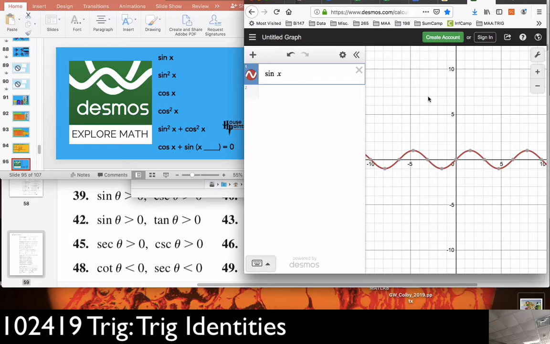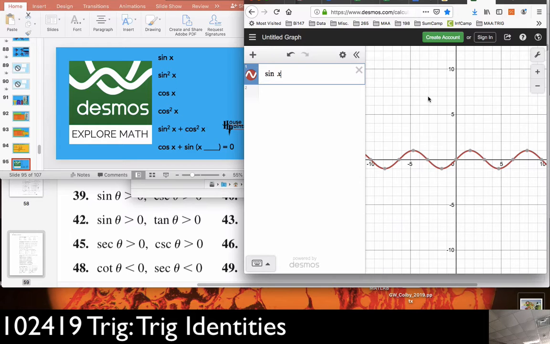The maximum is 1, and the minimum is negative 1. Okay, good. What about the origin? It starts at 0, so the origin is at 0, 0.